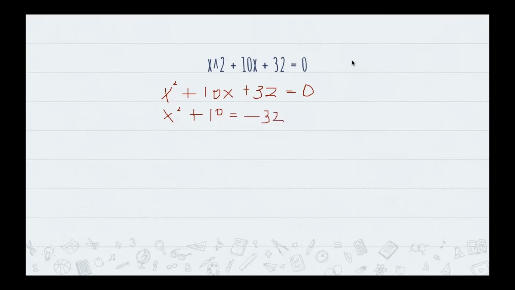Next, we're going to find out the missing box using the equation b over 2 squared. So our b would be 10 right here. So 10 over 2 squared gives you 10 divided by 2, which is 5. 5 squared would give you 25.